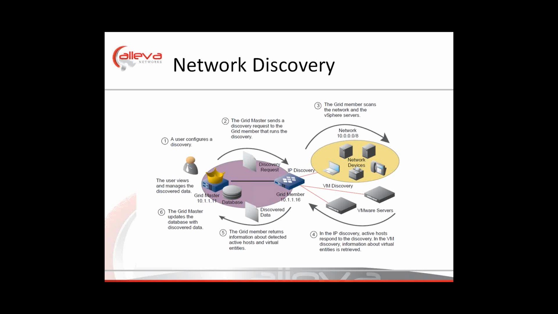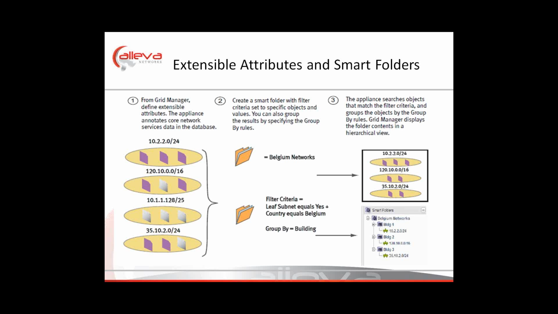So you can configure things like a country and a building code, or you could use a project identifier, and you can group these all together by using filters. So the filters are dynamic. So if you add in a new subnet in a particular building, it will automatically appear within that building folder in the hierarchy. You can see in the bottom right hand corner there's a little tree view. So this is a great feature for grouping parts of your IP address scheme.